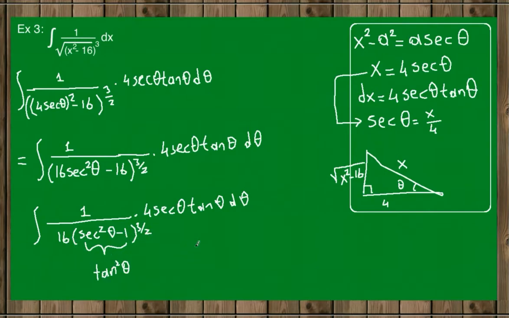We can convert the radical sign to understand better. The square root of 16 is 4, and 4 cubed is 64. The square root of tangent squared is tangent, and cubed is tangent cubed theta.